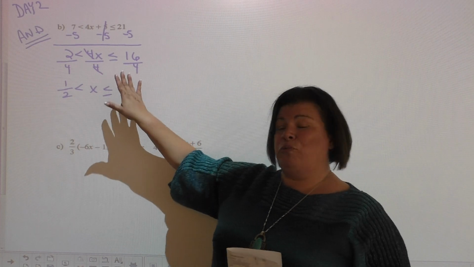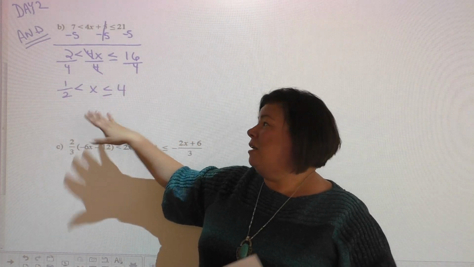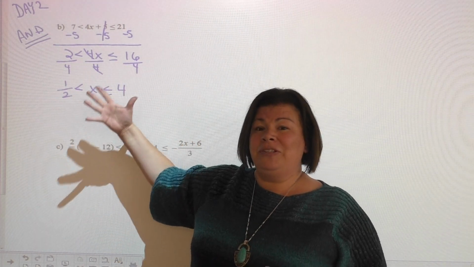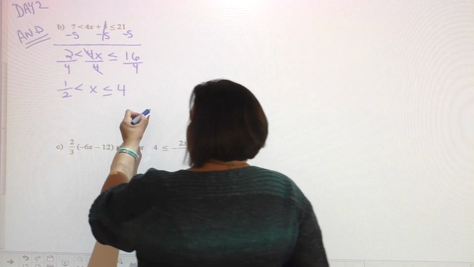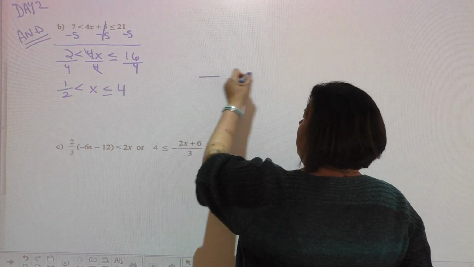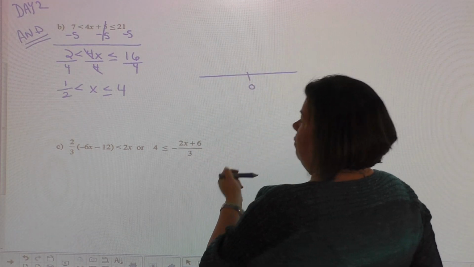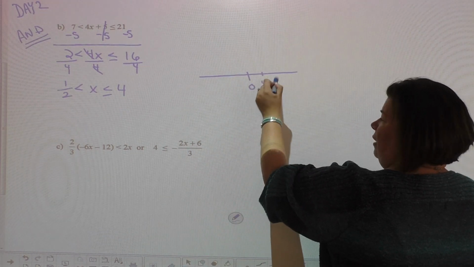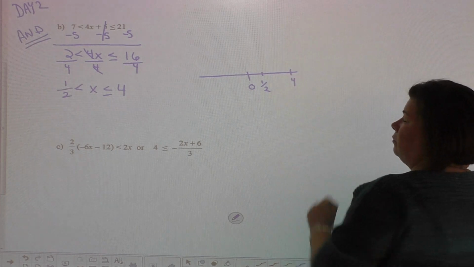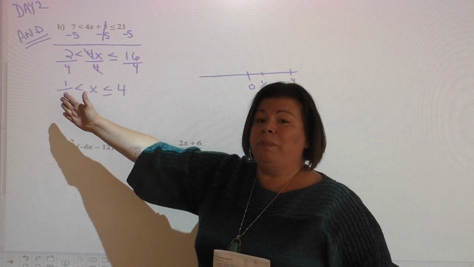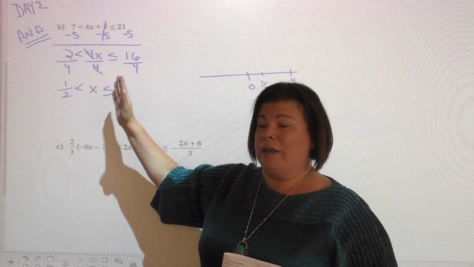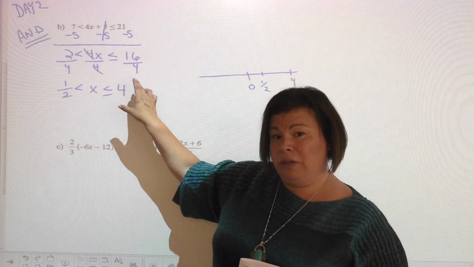And this works out really nice because all we have to do then is graph this solution. So if we were to make an actual graph of this problem, here's 0, here's about 1/2, and here's 4 over here. So what this says is give me all the x values that are between 1/2 and 4, also including 4.